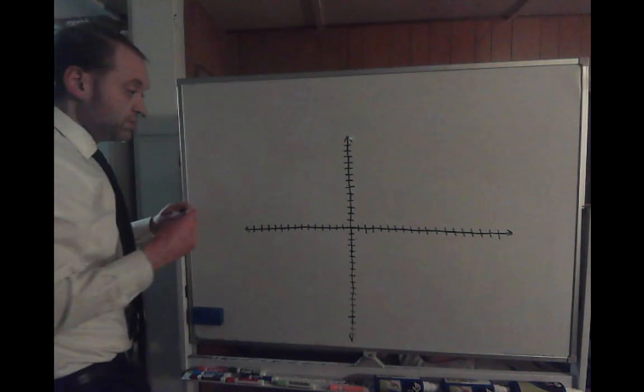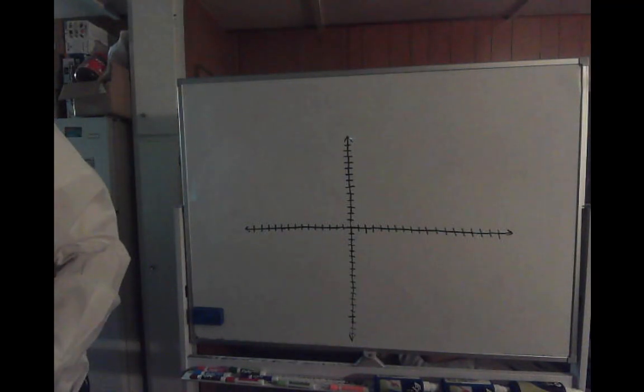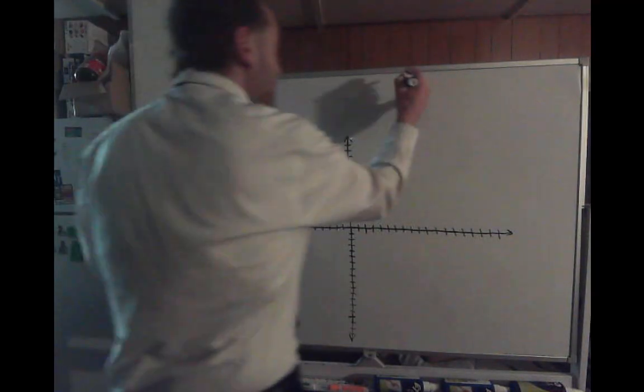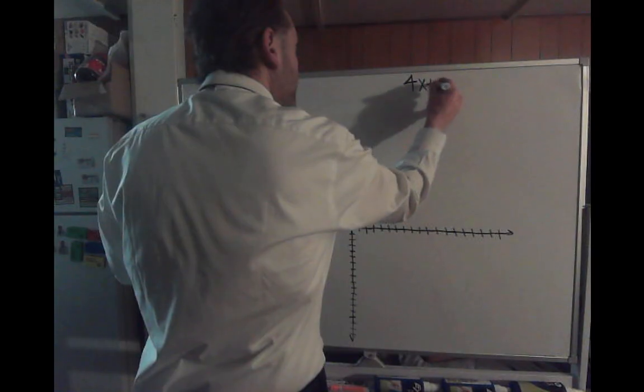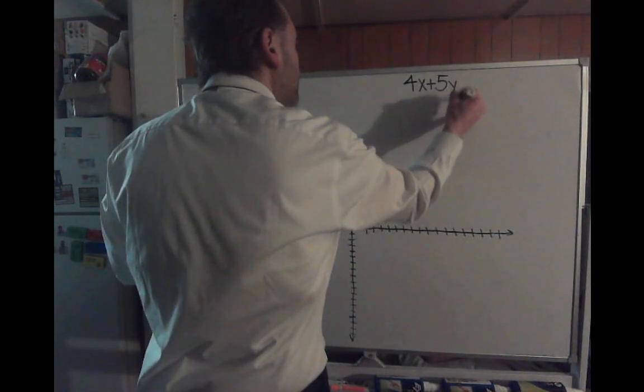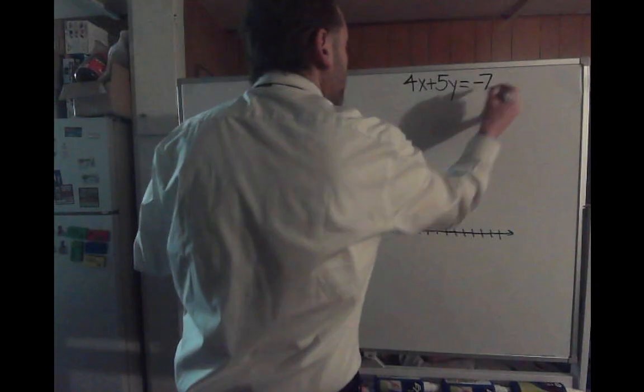Alright, so the next problem is 4x plus 5y equals negative 7. Oh, this is going to be a real fun one.